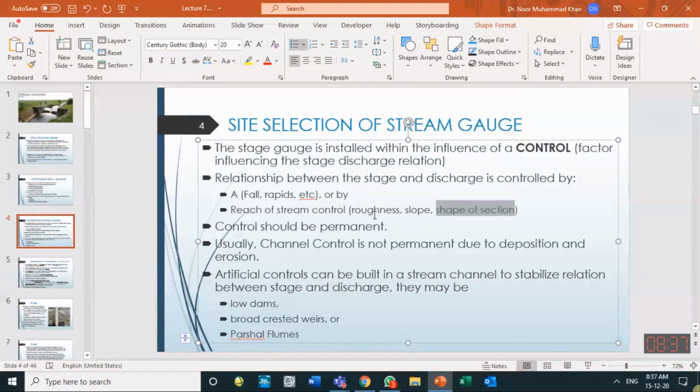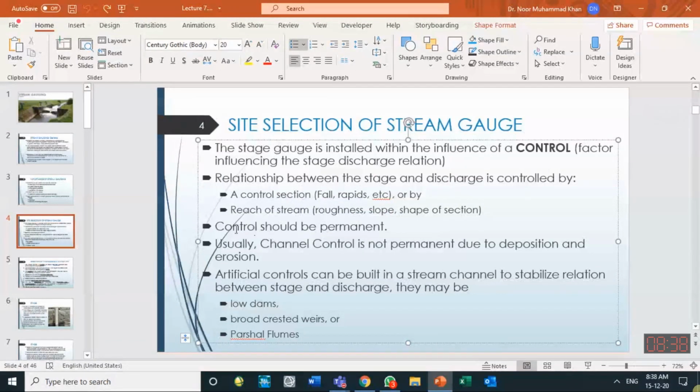If there are some structures like a fall or a weir, we say sectional control is there. And if no such structures are there, then we say the stream reach is controlling the relationship between discharge and stage.